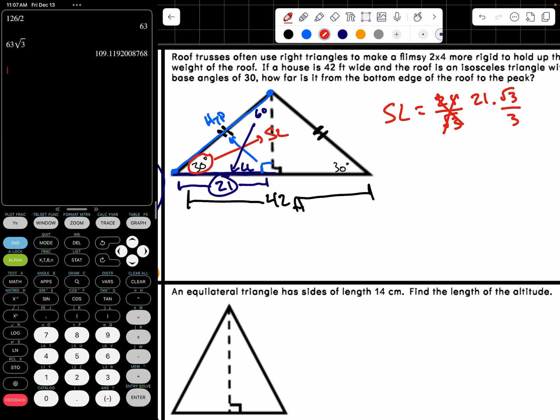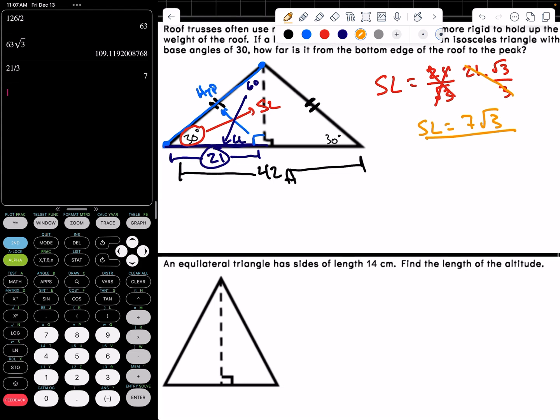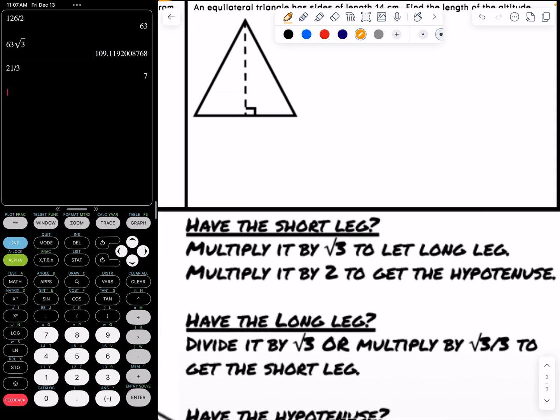That's some stuff that we don't need to talk about right now. However, it does allow us to get to this step. So now we can divide 21 by 3. So my short leg is going to equal 7 root 3, because 21 divided by 3 is 7. And when I have my short leg, all I do to find my hypotenuse is multiply by 2.